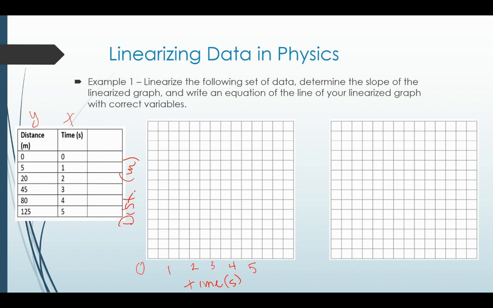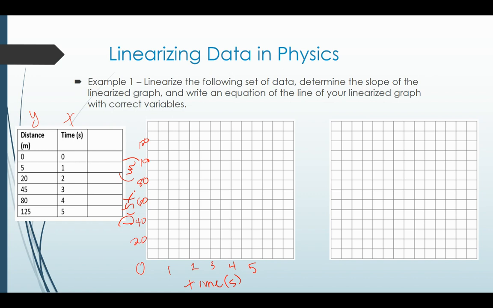And then my distance goes from 0 to 125. You can figure this out yourself, but the way I plotted it, every single line is 20, 40, 60, 80, 100, and 120. Now, it's important that you do this well enough that you can see a proper curve.